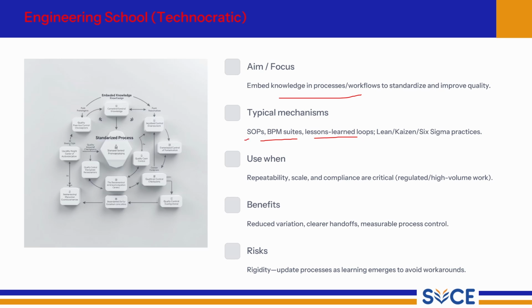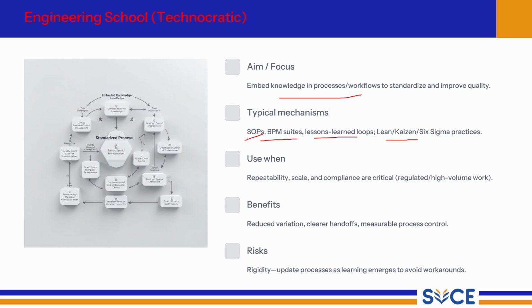SOP means standard operating procedures, BPMS means business process management suites, and quality frameworks, that is Lean, Kaizen, Six Sigma. From SOP to Six Sigma, the process is the carrier of knowledge.